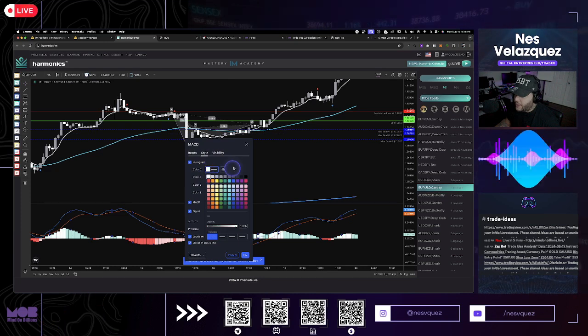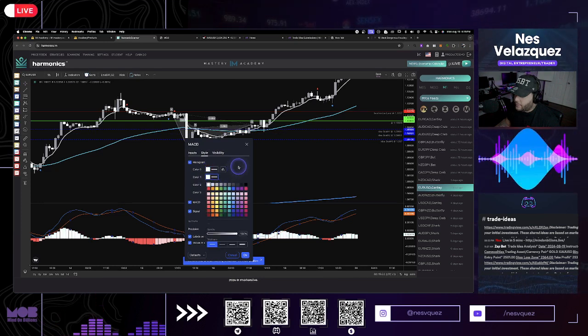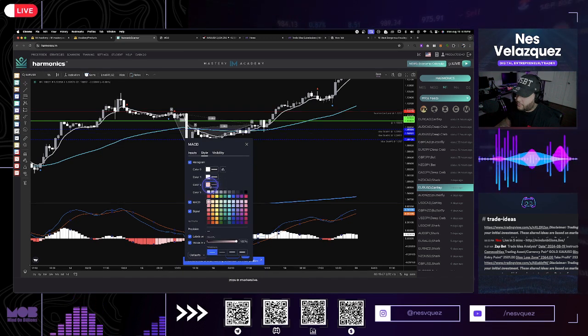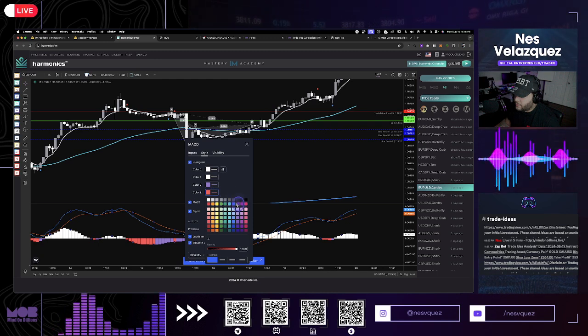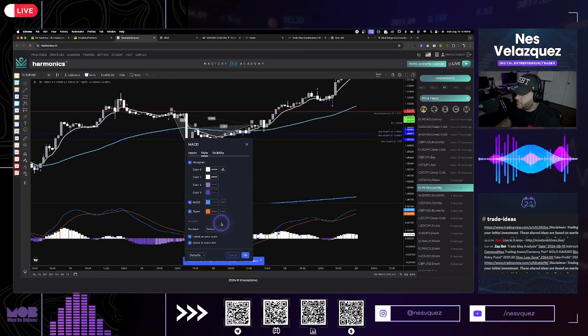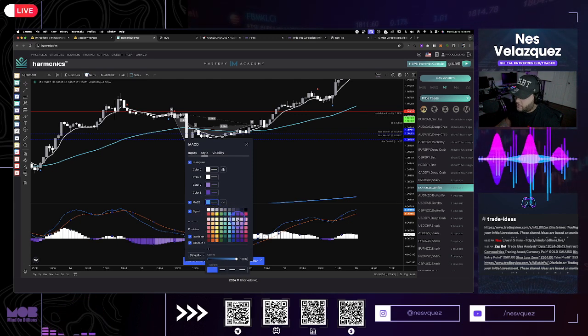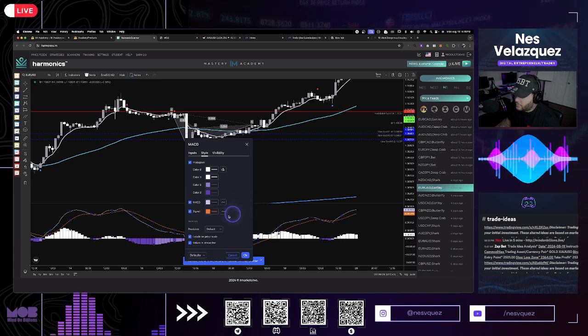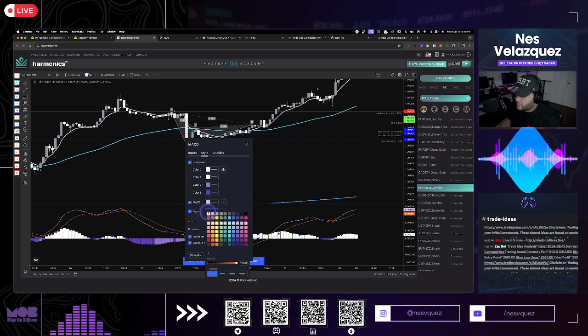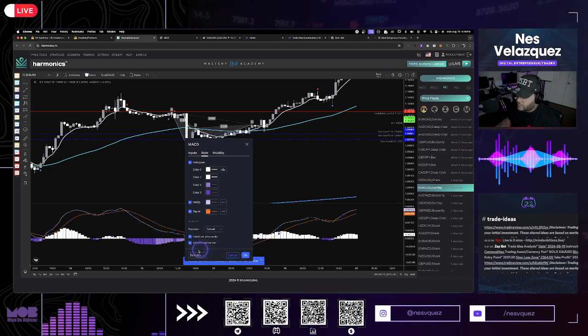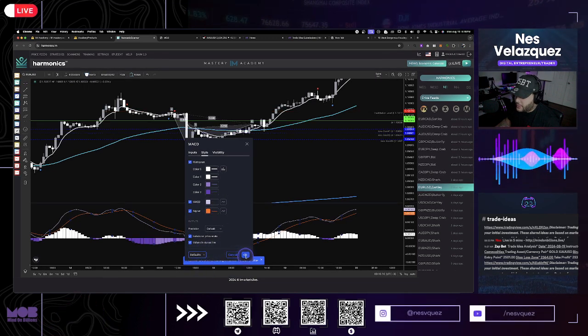Kind of switch the colors around a little bit. And then you can save as default.